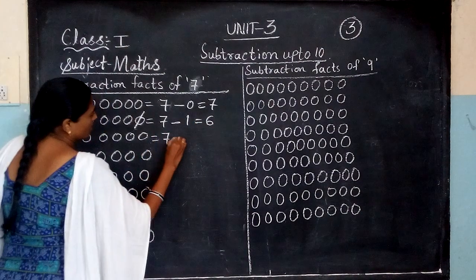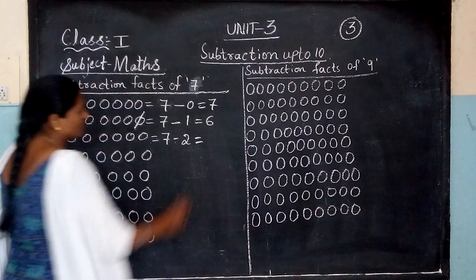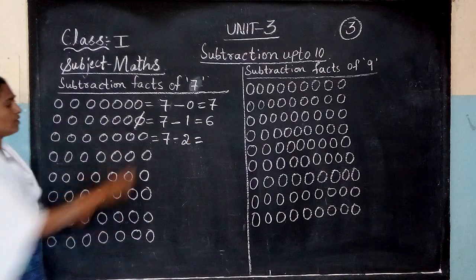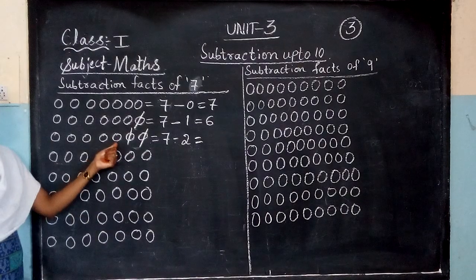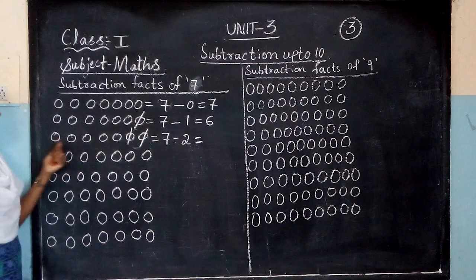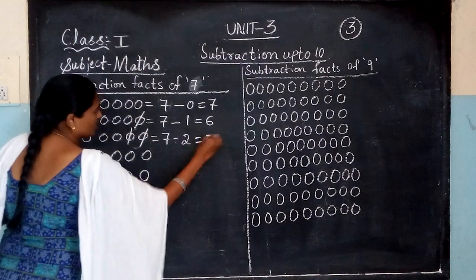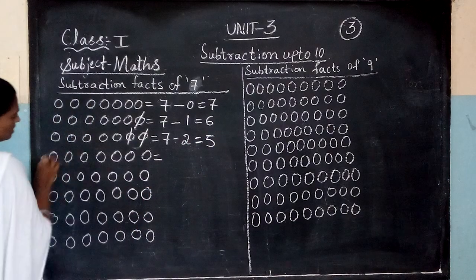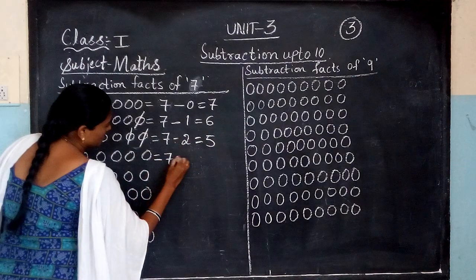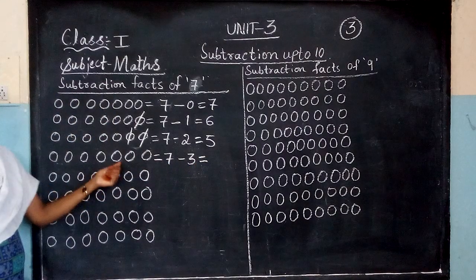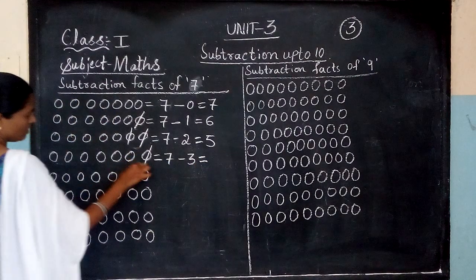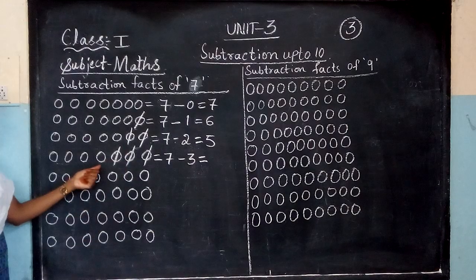Next, 7 minus 2. From 7, if you take away 2, how many are remaining? 1, 2. Count the remaining: 1, 2, 3, 4, 5. Next, total circles how many? 7 minus 3. From 7, if you take away 3, how many are remaining? 1, 2, 3.